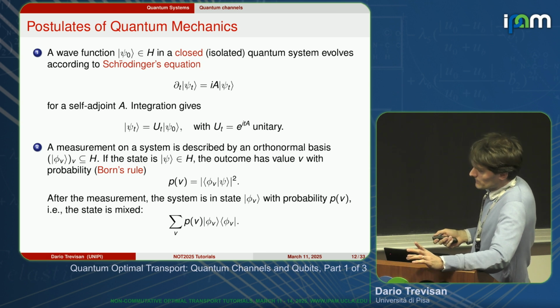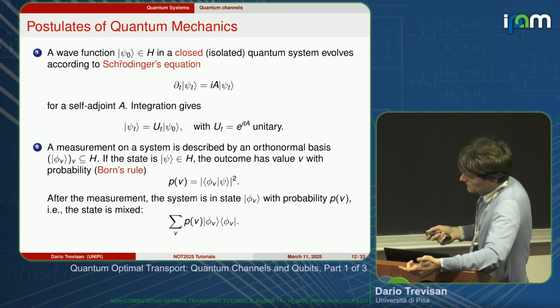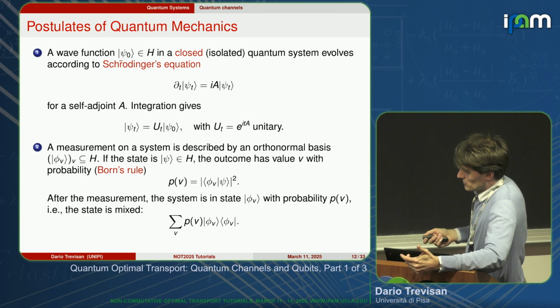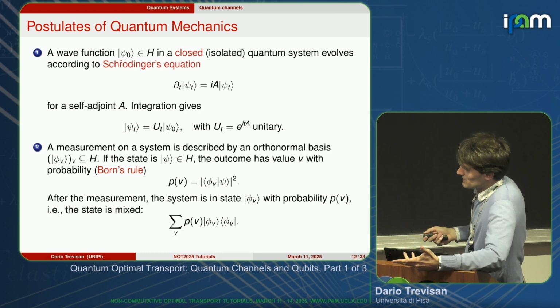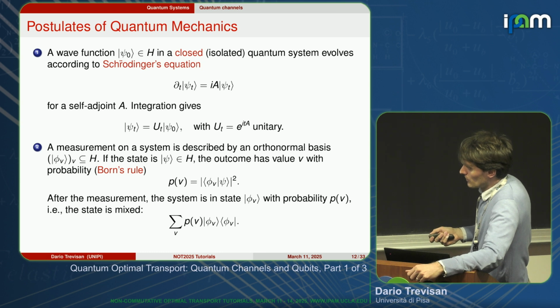And now after the measurement, we have to be careful, because if you observe a value of v, the system will collapse to the projection essentially on phi v. Now, before knowing what v is, you will have a mixed state. You will still have a collapse of the state vector, possibly into a mixture of states.